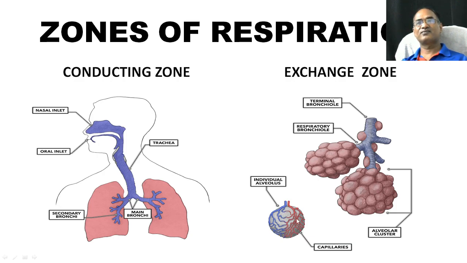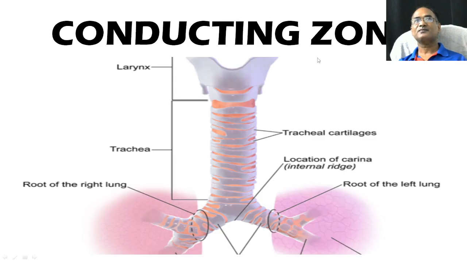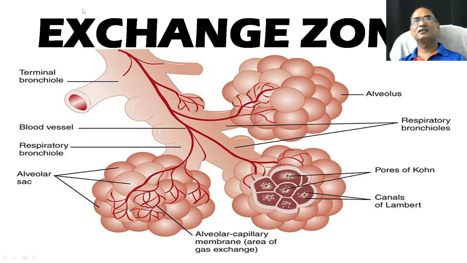These capillaries and veins do the gas exchange, the inclusion of oxygen and exclusion of carbon dioxide, because of these blood tubes only. So the conducting zone includes the larynx, pharynx, trachea, cartilage, root of left lung, and root of right lung.